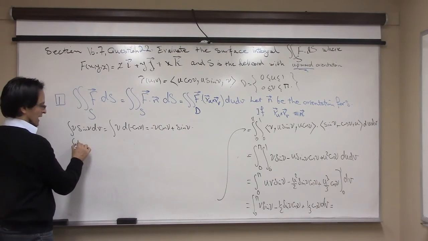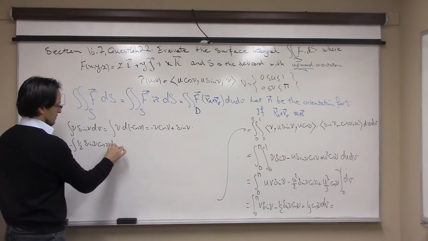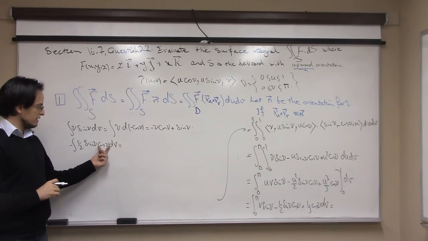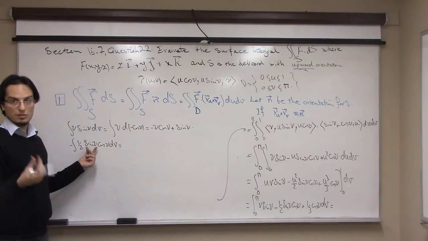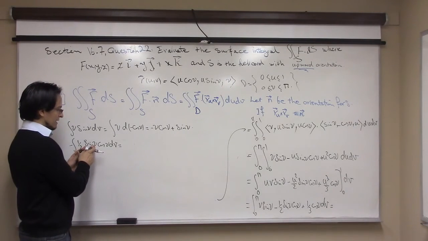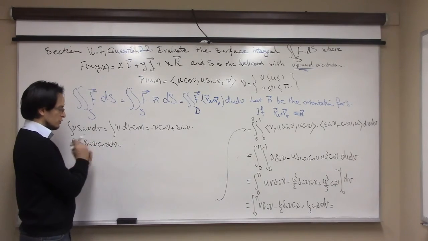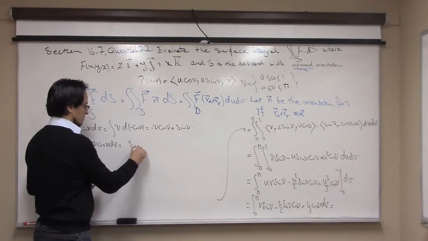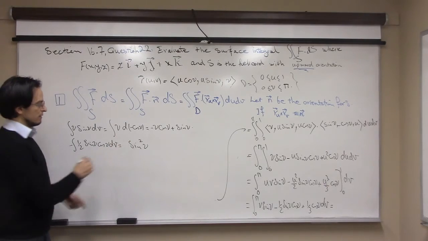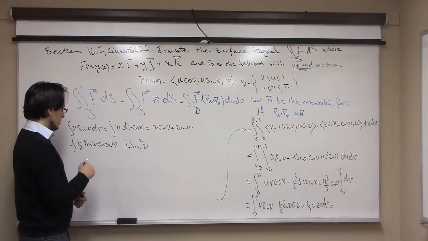Antiderivative of negative half of sine v cosine v dv: you can use substitution. If sine v is the function, its derivative is cosine v. So basically we have u du, which gives the integral of sine squared v, but I need to put a half there because it's the antiderivative of u.